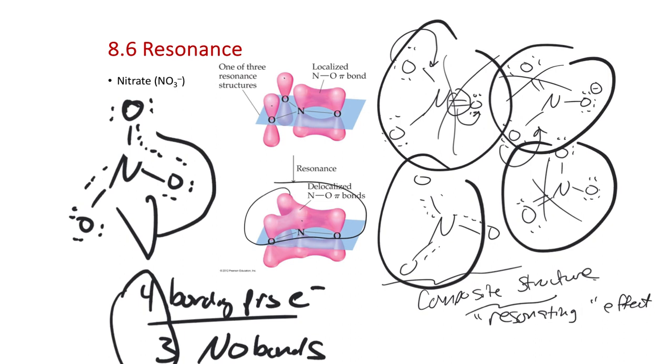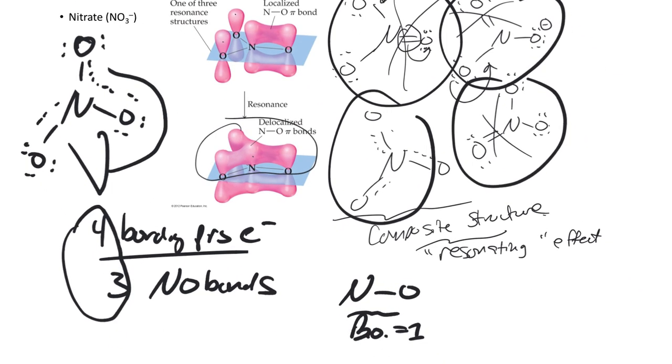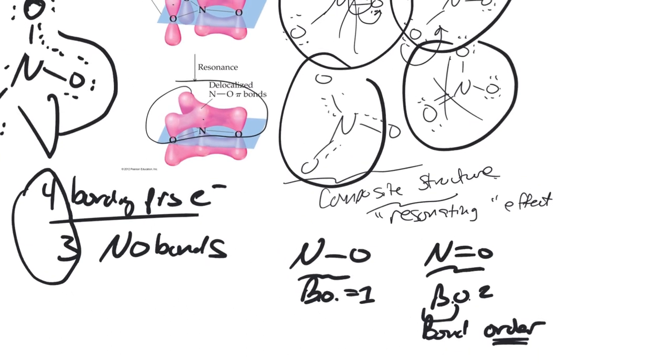If you start thinking of bond order, a single bond is 1, and a nitrogen double bond order here would be 2. So that's what the bond order is standing for.